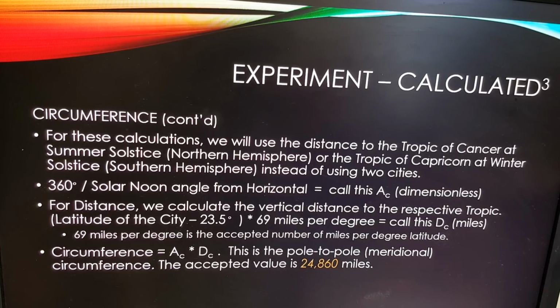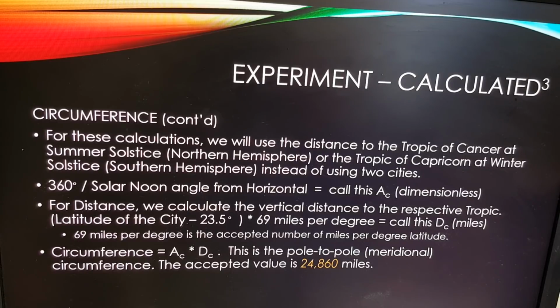I'm using the latitude of the city minus 23.5 degrees, which gives you in degrees the angular distance between the given city and the Tropic of Cancer, or the Tropic of Capricorn.